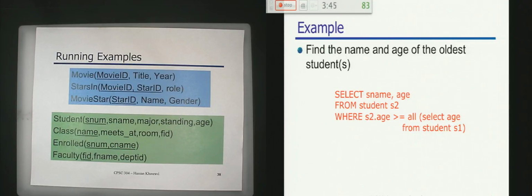All the students except those that have the youngest. Right? Now I have all of the ages here, and I'm returning any that's bigger than one value in here. So if the minimum here is 18, then I'm going to return all my students and their ages for people that are older than 18. Any questions?